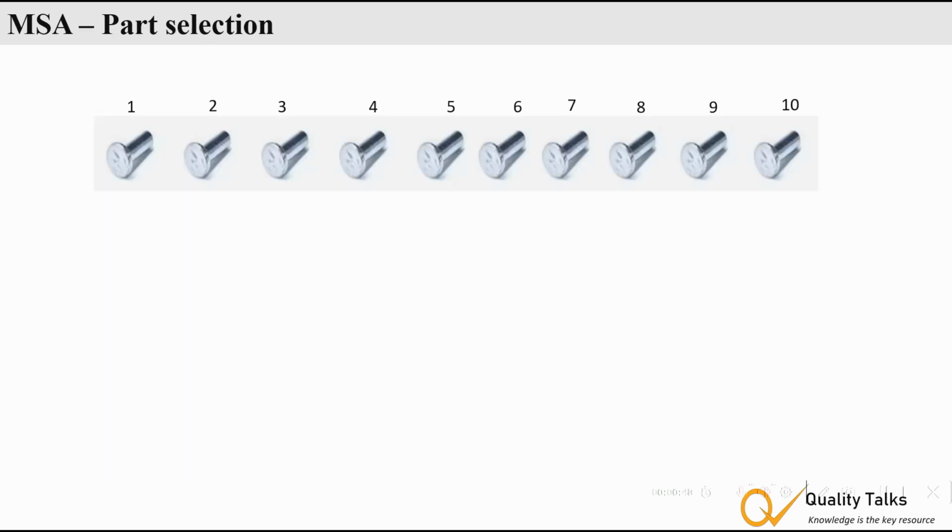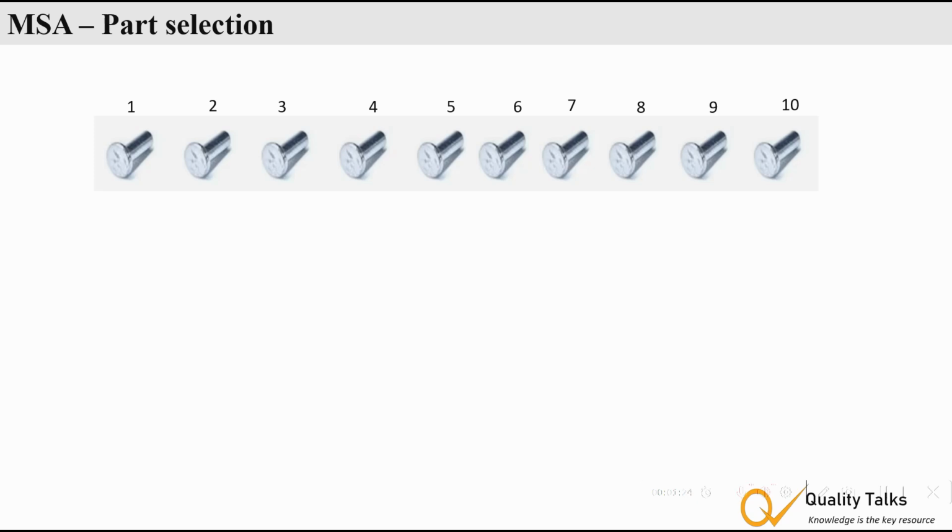Before running an MSA, selecting the right parts is crucial. Since our goal is to compare measurement system variation against actual part variations, the parts must represent the full range of variation present in production. Therefore, we should pick parts that cover the lower range, the mid range and upper range of the tolerance band.